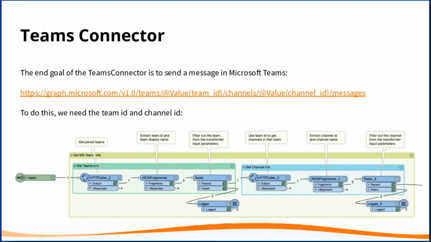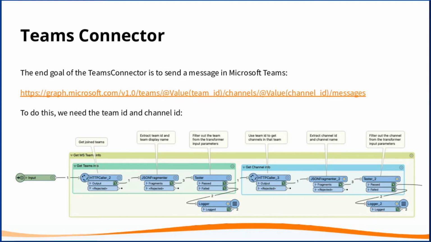But to use this API call right away, I don't have the channel ID and I don't have the team ID, so I needed a way to get those. From looking through the Graph Explorer and the Microsoft Graph API documentation, I was able to figure out a series of API calls that would get me all of the information I needed so that I could post a message to Teams.